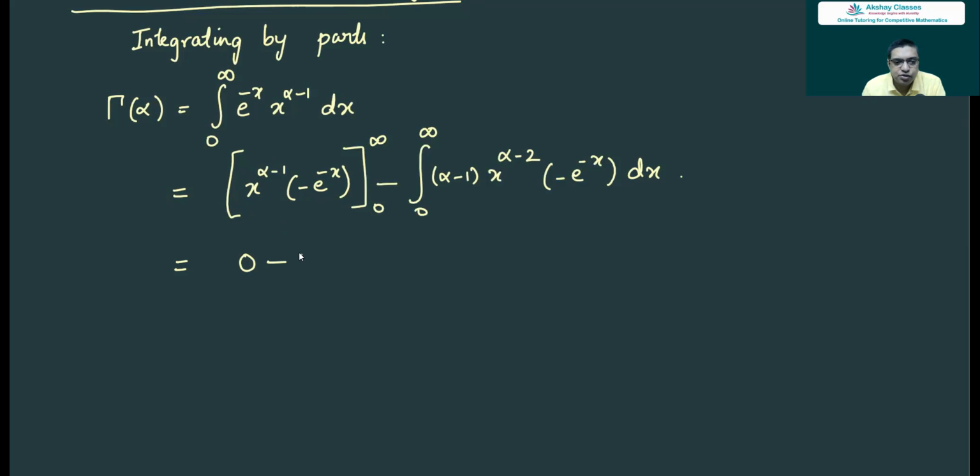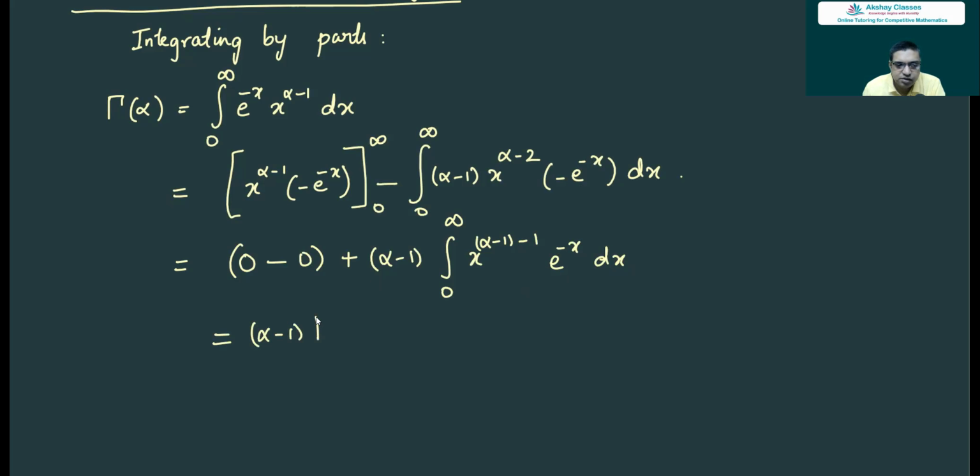This goes to 0 and this also goes to 0, and we are left with minus into minus, plus. Take alpha minus 1 outside, and then integral 0 to infinity x to the power alpha minus 2 into e power minus x dx. If we compare with the original, you get alpha minus 1 times gamma of alpha minus 1.